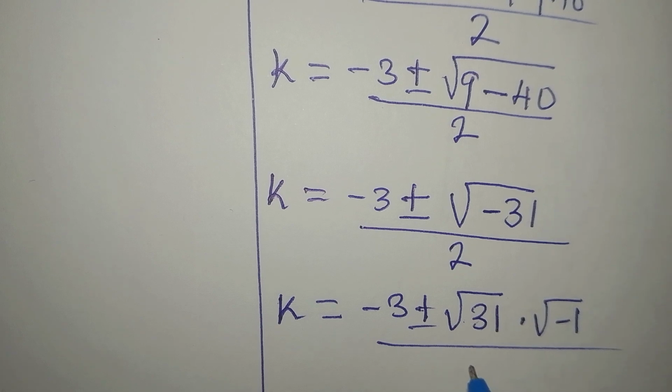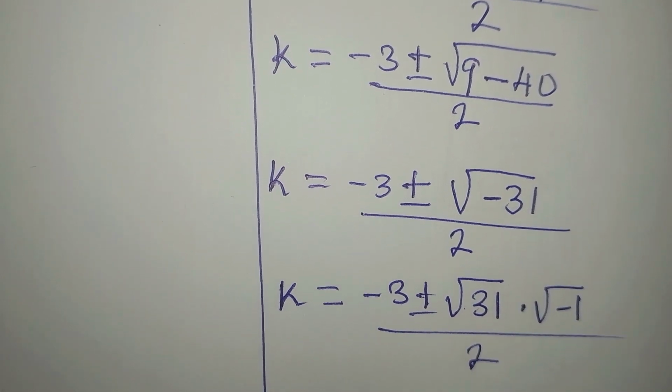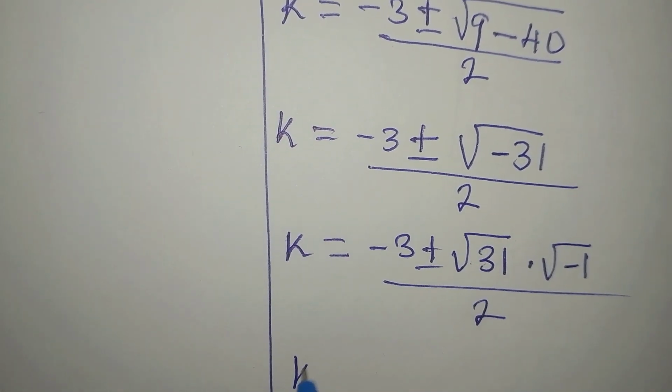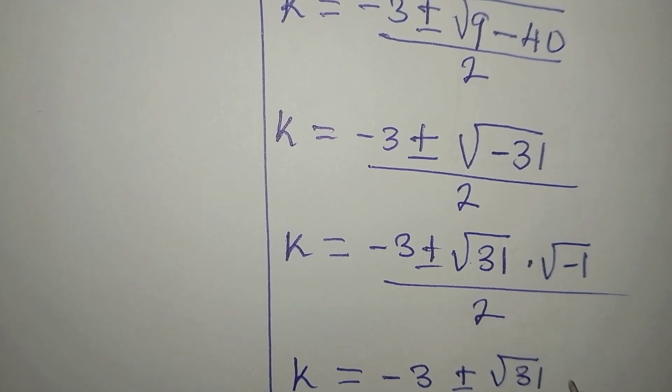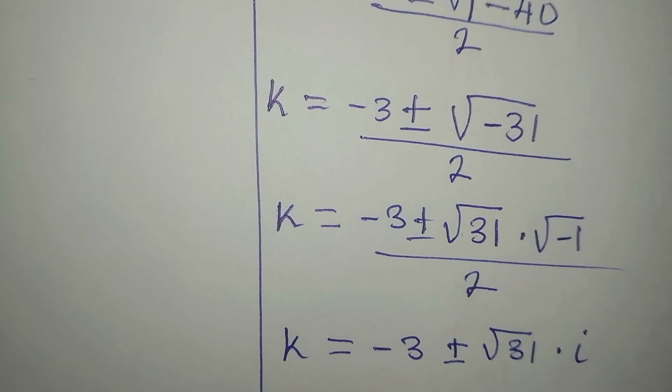Then I will divide this by 2. Now we continue so that k is equal to minus 3 plus or minus square root of 31 times i, because square root of negative 1 is imaginary and is i. So we divide this by 2.